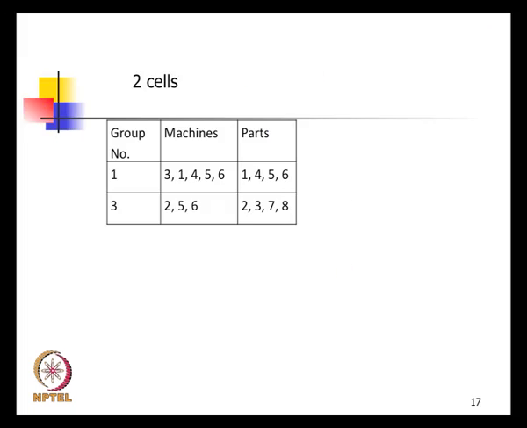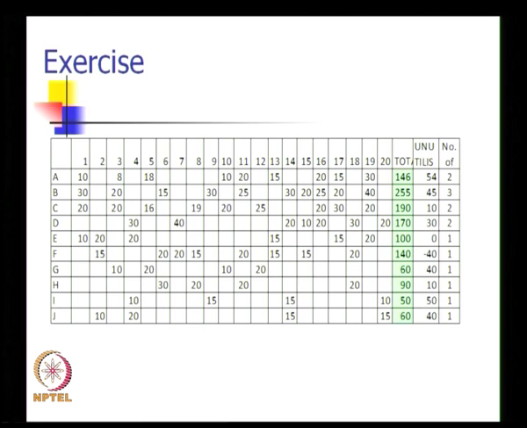Now, here we have given numbers like 8, 18, 30 and so on. Now, we have to look at these numbers and say that actually this number is not 10, it is 0.1. This number is not 30, but it is 0.3. This number is not 18, but 0.18.